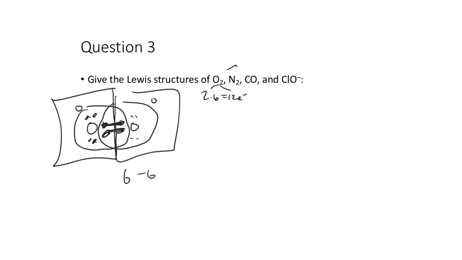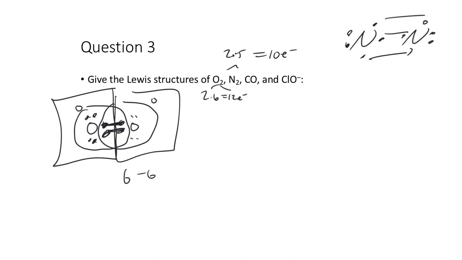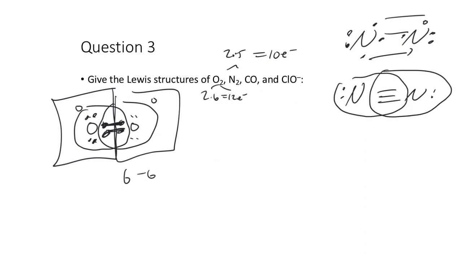Now nitrogen, 2 times 5. You just have to look at the periodic table or know that nitrogen has 5 valence electrons each, so I have 10 valence electrons. You could go with a dot structure. There's nothing necessarily wrong with starting with a dot structure and then pairing up the lone pairs to make a triple bond. We could also just say that nitrogen, to get to an octet, has to have a triple bond, because this gives each nitrogen 8 electrons in its valence.